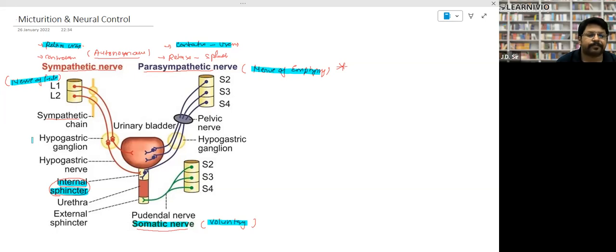Micturition means the release of the urine. When a person releases urine by their own wish, that process is called micturition.